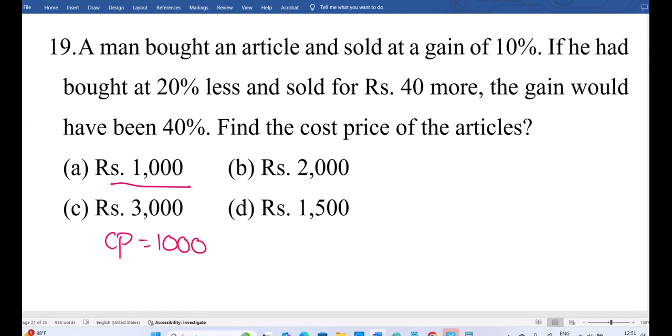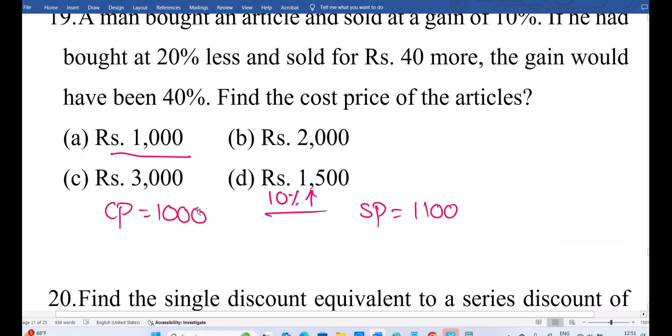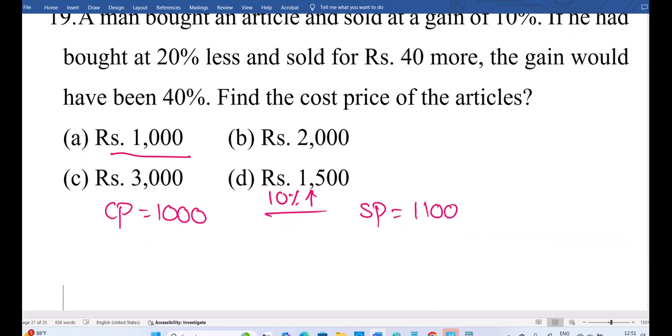Cost price 1000 means the selling price will be 1100 because of 10% gain. Now, if you purchase for 20% less, you purchased for 800, and you sell it for 40 rupees more, which means 1140.